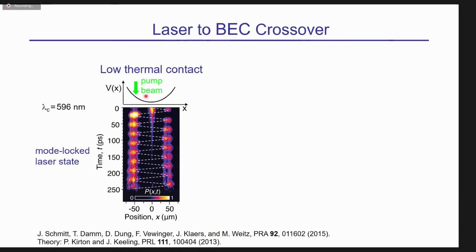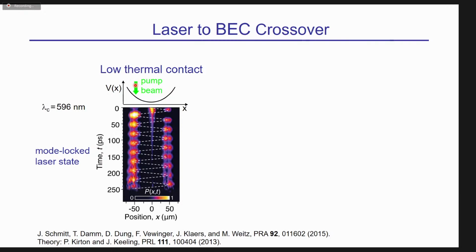So what we did, we put the pump beam not in the center of the microcavity anymore, but a little bit more to the side, to make the initial state differ more from the condensed state in the trapping potential imprinted by the mirror curvature.